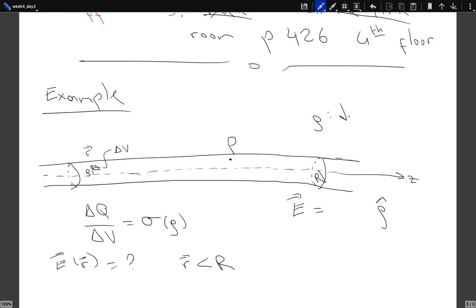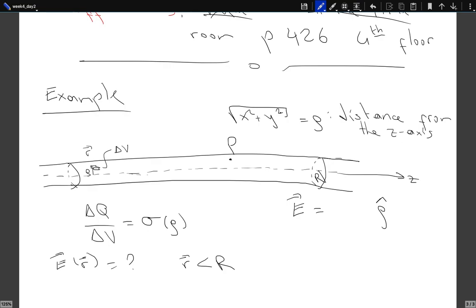Rho is the distance from the z-axis. You can also write it as the square root of x squared plus y squared. If this is the z-axis, just choose this is the x, this is the y, for example, and rho will be just the square root of x squared plus y squared.